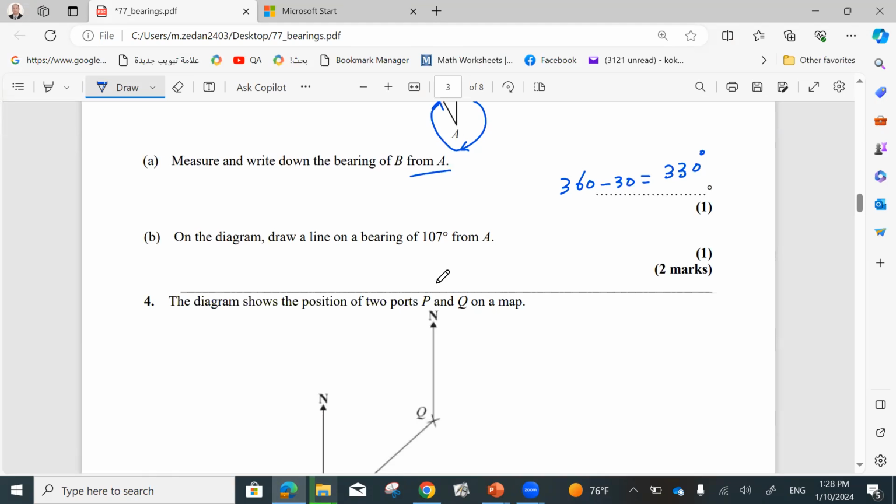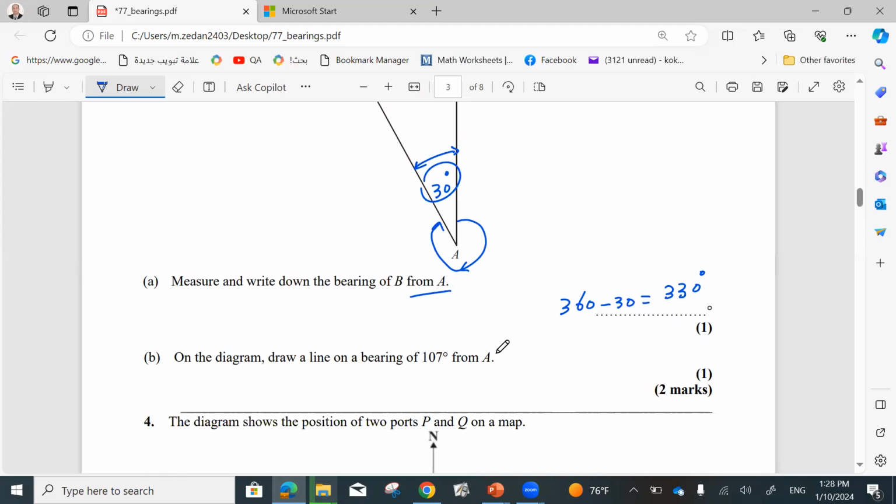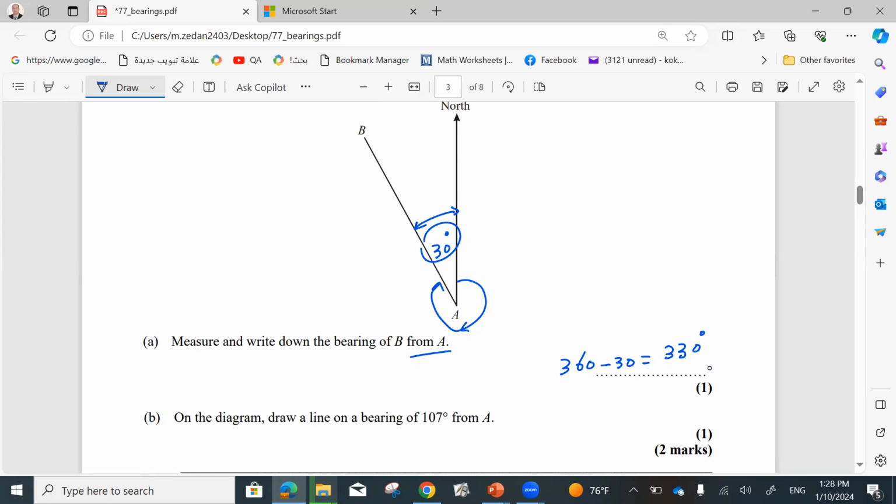On the diagram, draw the line of bearing 107. If you want to measure 107 degrees, use only the protractor. Let me show you how to draw a line to represent this. Consider this as north and west, which now makes a right angle.